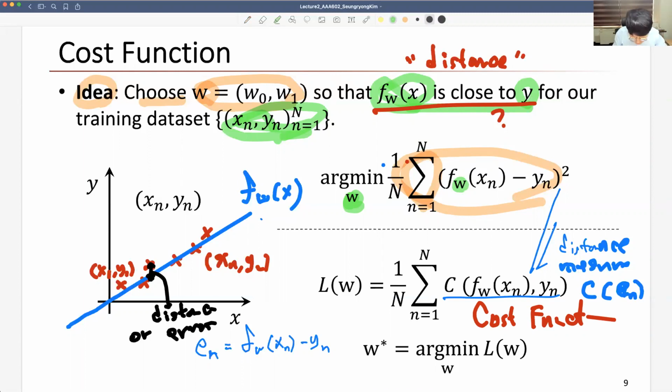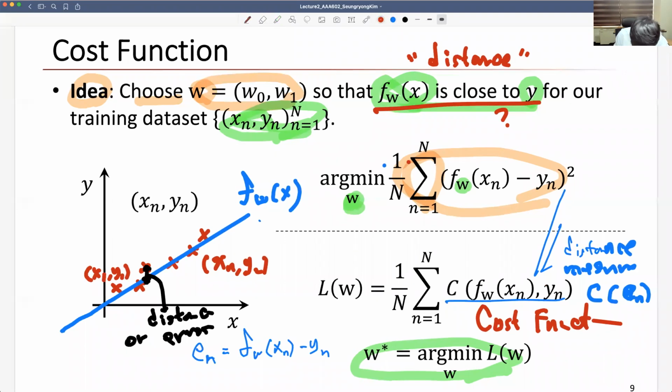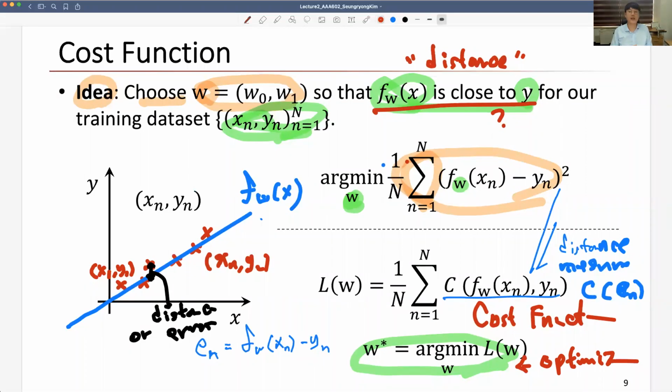So it can be represented in this equation, right? This procedure is called the optimization process. Okay, so this is a general idea.